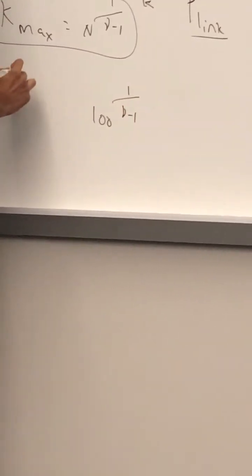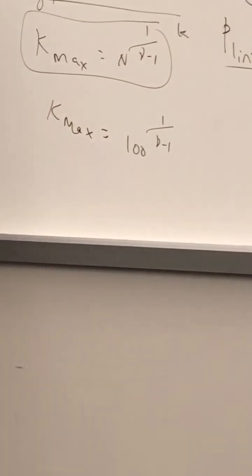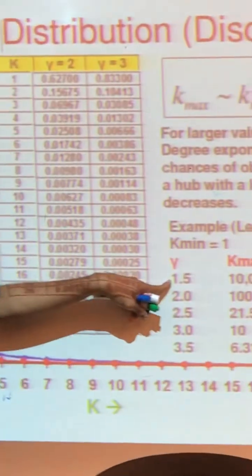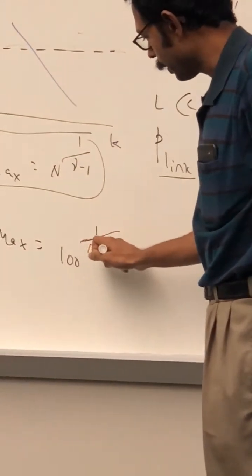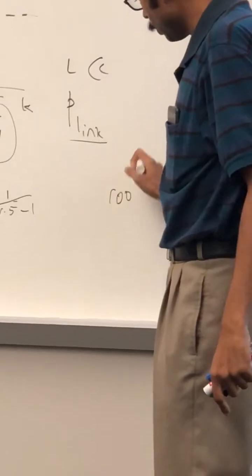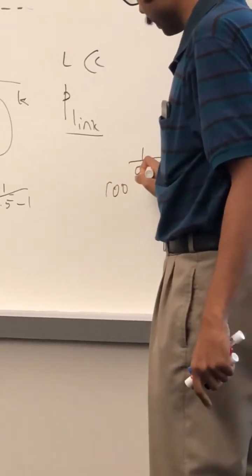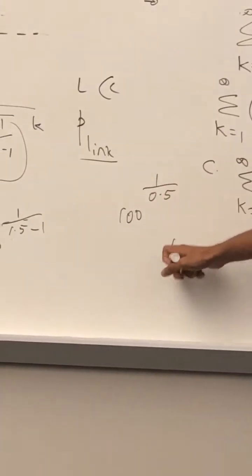So for different values of gamma, we can generate the k max values. Okay? So if gamma is 1.5, this is going to be 100 raised to 1 over 1.5 minus 1, so that is 100 raised to 1 over 0.5, which is like 100 squared.